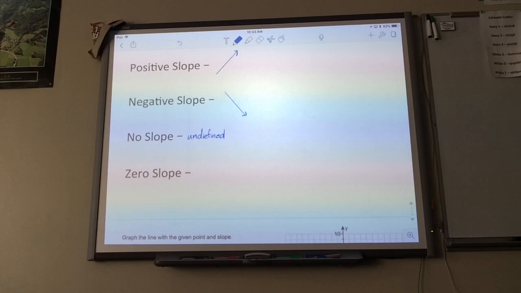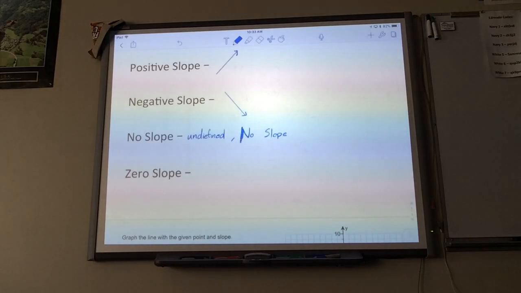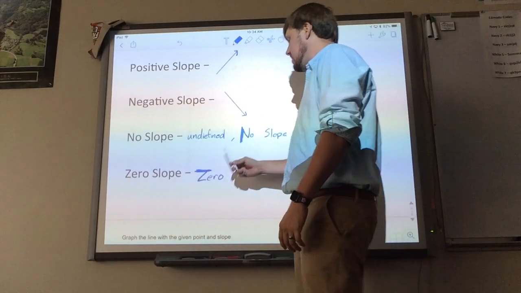The first letter in no slope shows you what that line should look like. It's a vertical line right there. Zero, the first letter tells you it's going to be this horizontal line. So I just look at the first letter, and that reminds me.